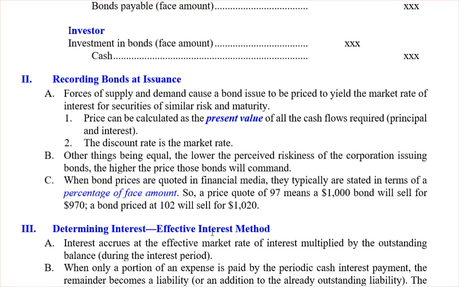A new thing I added at the very end was this discussion of what it means to have 97 versus 102. 102 means it has a premium. 97 means it's a discount. And I'd said this means 97% of the face value, and this means 102% of face value.